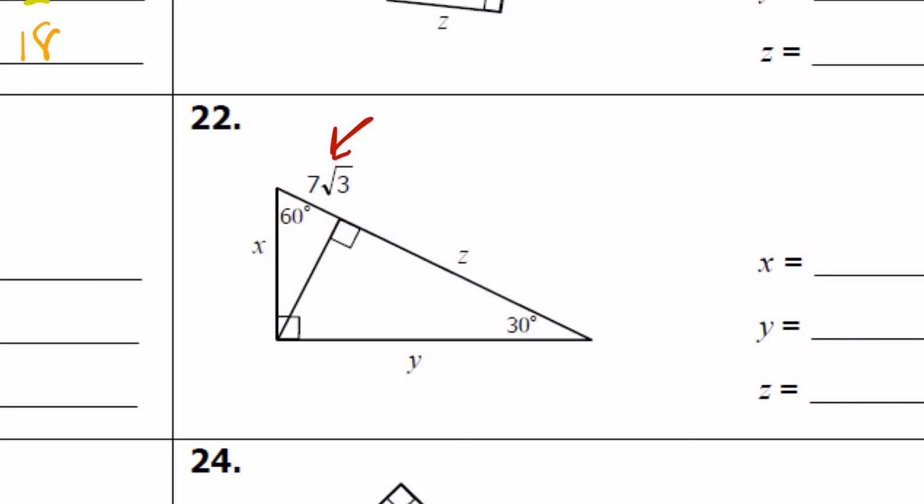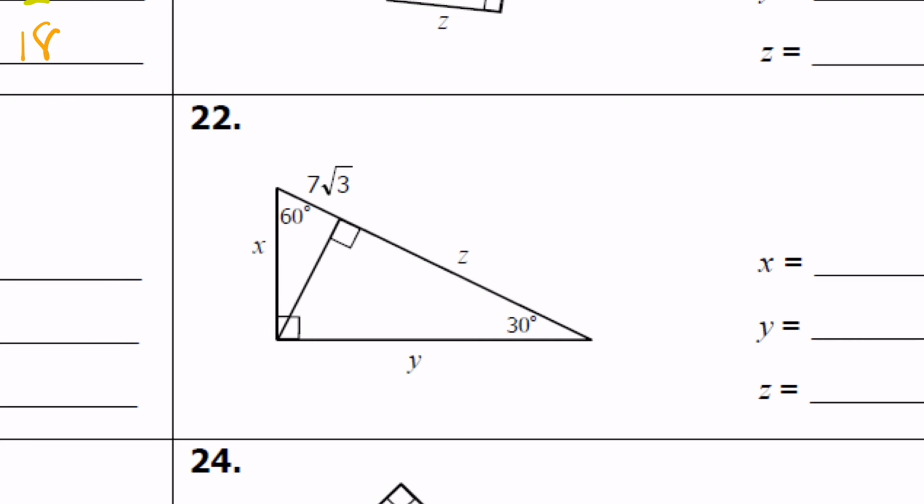So this is, again, here's my 30-degree angle. So my short side is 7 square root of 3. I can then find my long side by multiplying that by 2.